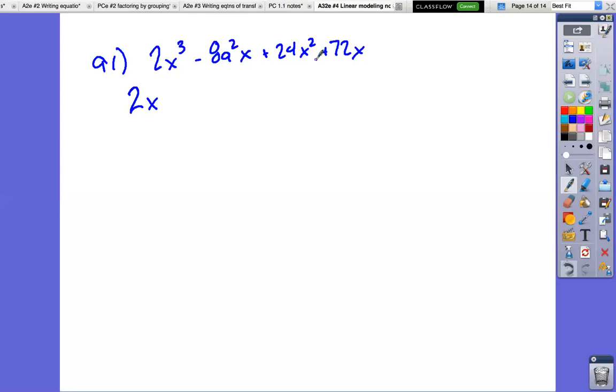A lot of times, especially when you guys are just starting to get good at this and you see 4 terms, most people right away went into factoring by grouping, which is fine. But you want to always pull out the greatest common factor first. Now, technically, you don't have to, but it's going to make your life a lot easier. Now that I've done that, I'm left with this.